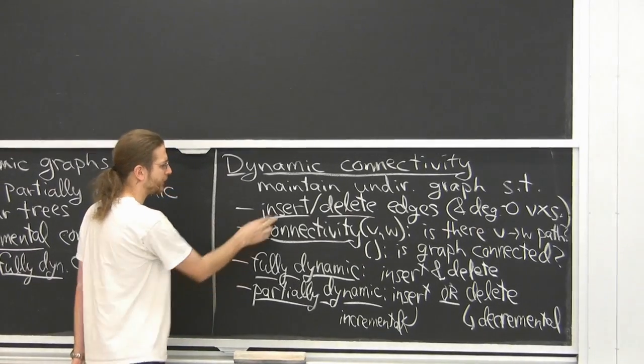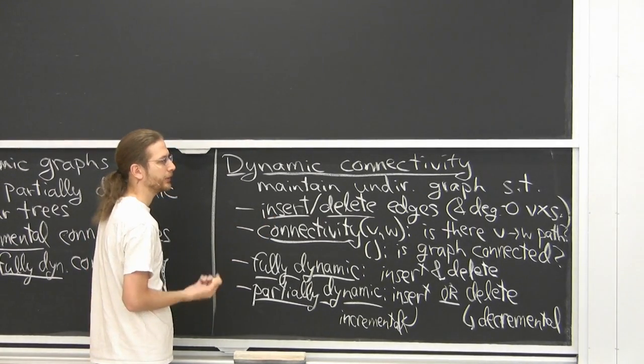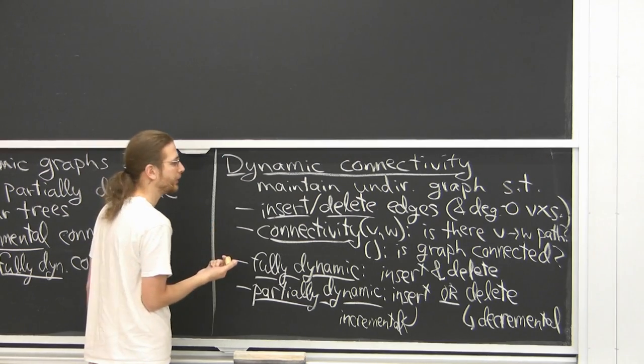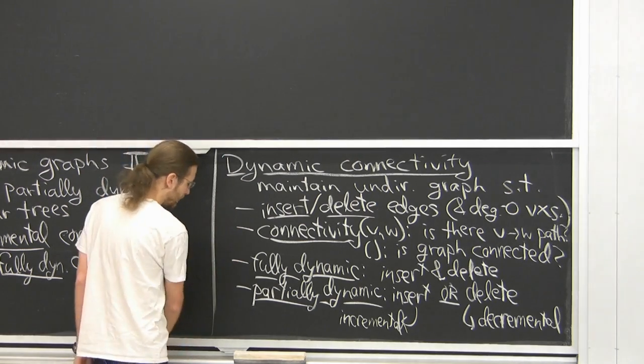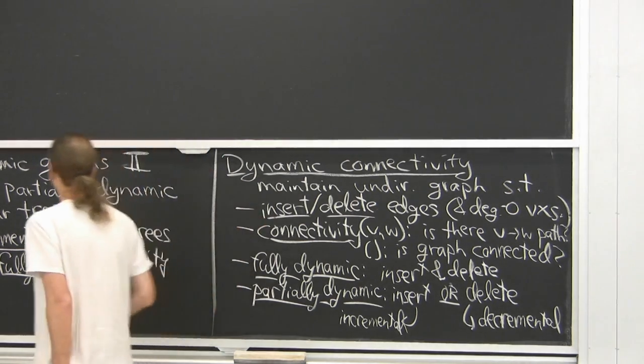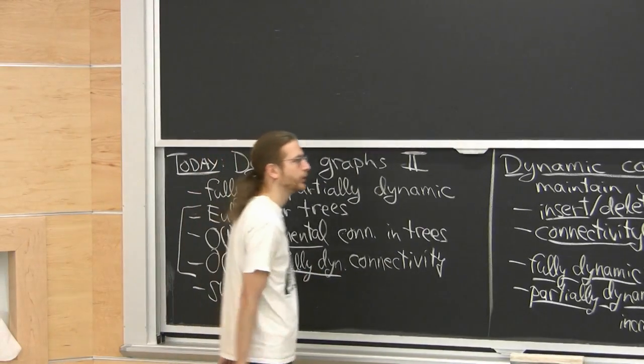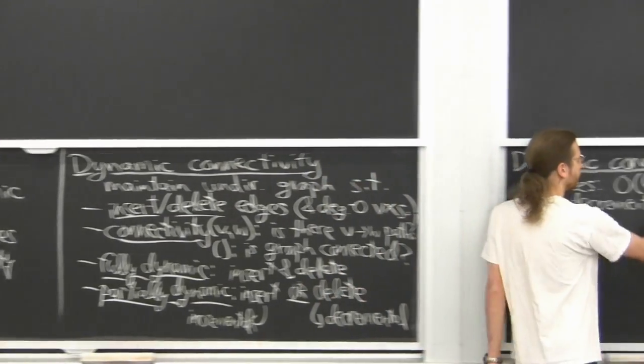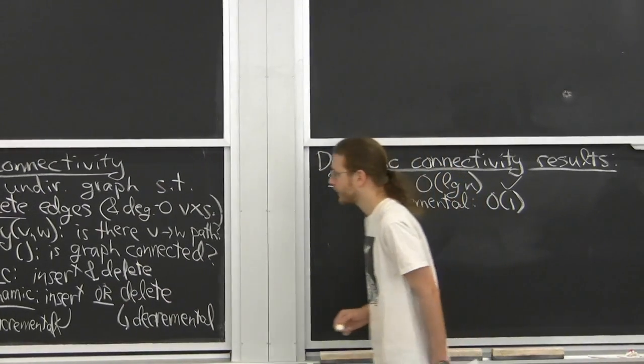It's not totally obvious because the link operation requires that one of the vertices is the root of its tree. So it's not so trivial, but we'll see an easy way to do that in Euler-Tour trees later on.